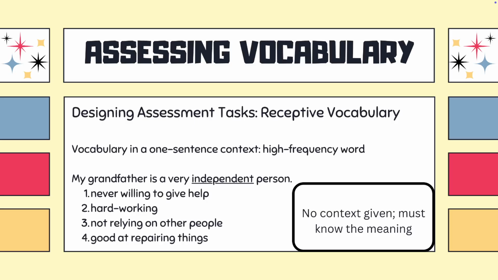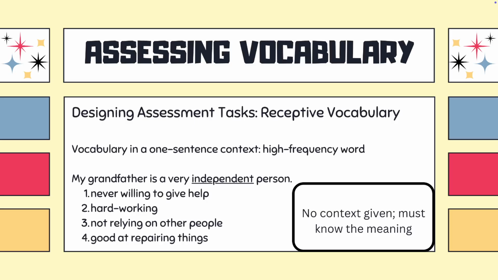So here is vocabulary in a one sentence context. It means just one sentence only. And this is a high frequency word. My grandfather is a very independent person. Now there are 4 definitions here, which means, and there's no context. The sentence does not give us any clues what independent means.